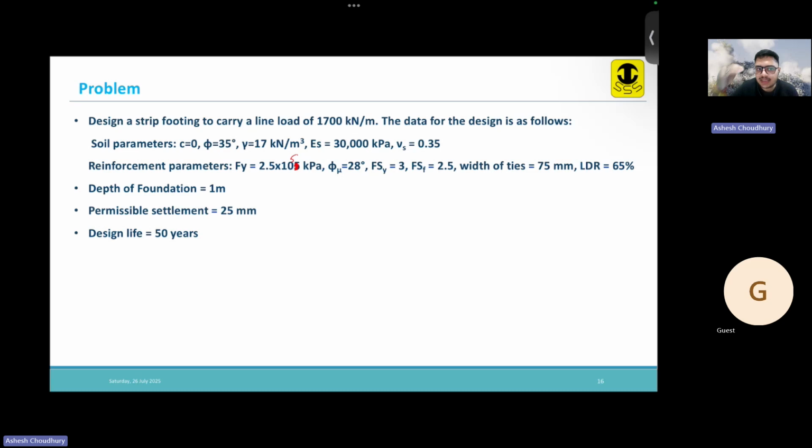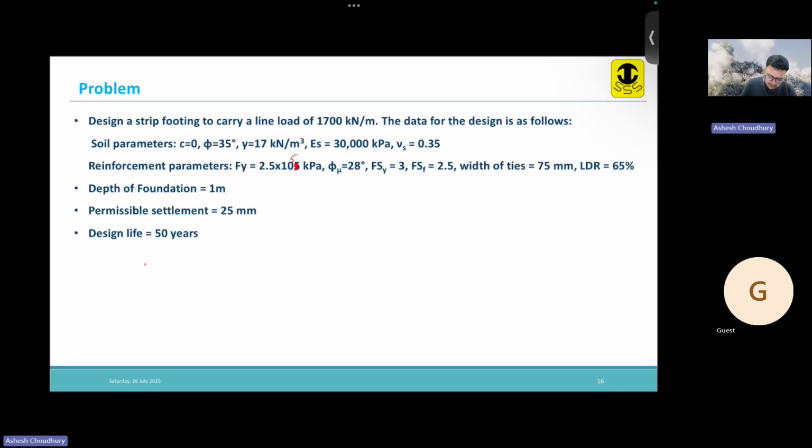You have to make an assumption regarding the width of the footing, the depth of the first layer of the reinforcement, the spacing of the reinforcement, and one more important assumption, the number of layers of reinforcement that we are going to put. So these are the main assumptions.